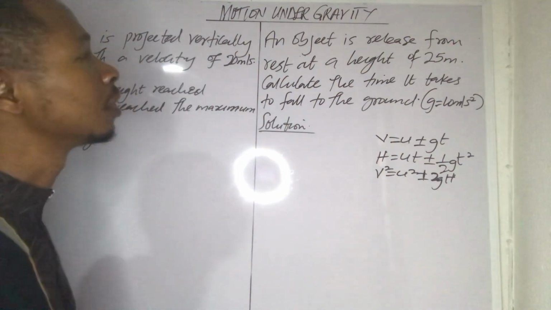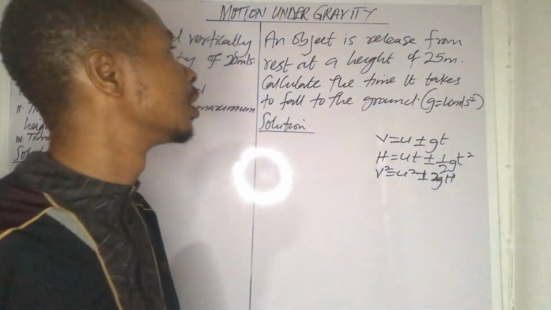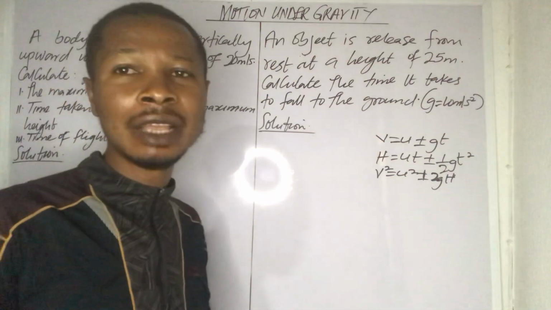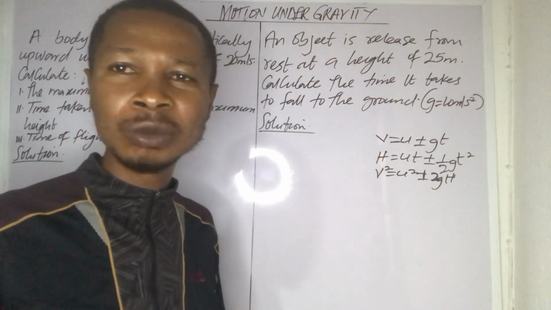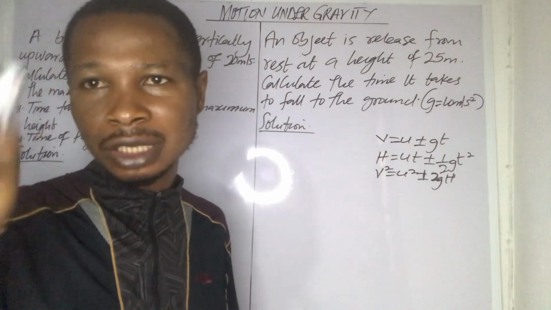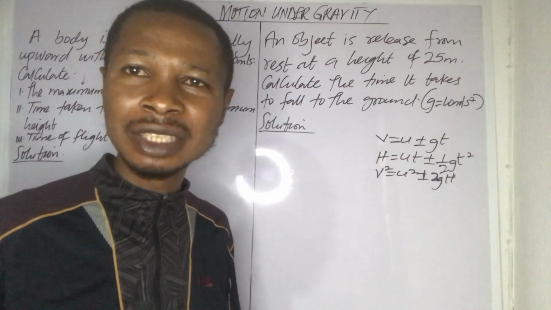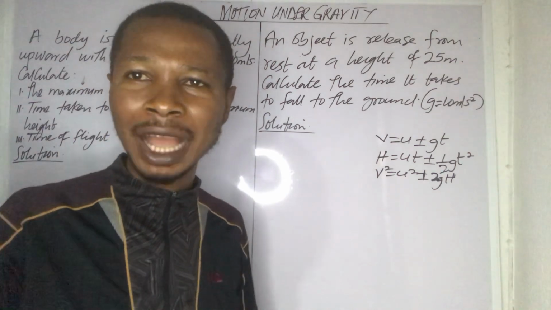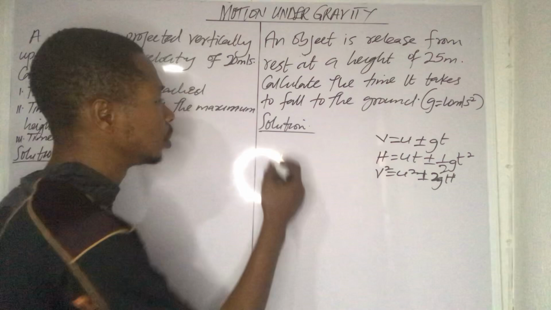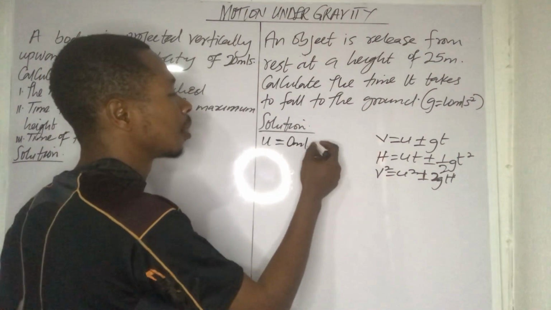Now, an object is released from rest at a height of 25 meters. When an object is released from rest or from a height, its initial velocity u is taken as 0 meters per second.